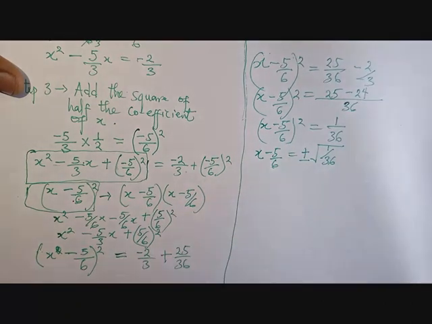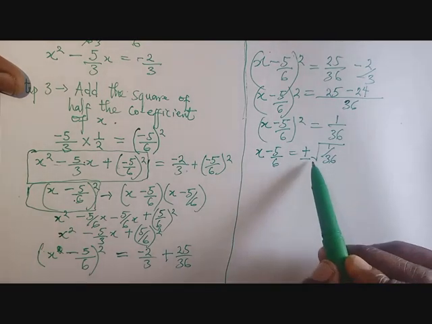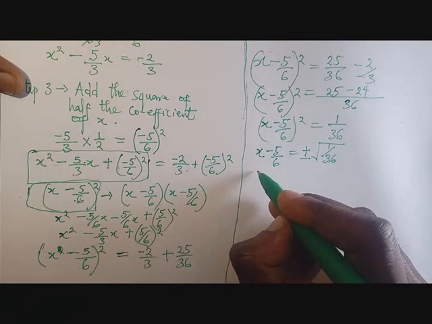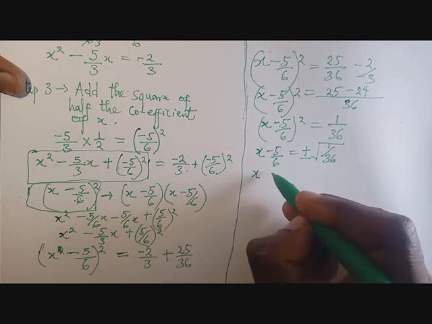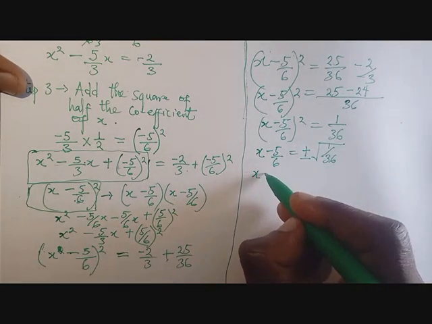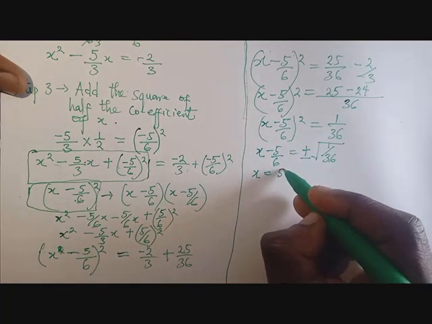Now we're using plus or minus because we are interested in both the negative and the positive values of x. So that's why we're adding the plus or minus. So this is it. Then the next thing is, I'm going to just try to readjust. x equals, when minus 5 over 6 crosses the equality sign, it becomes 5 over 6.